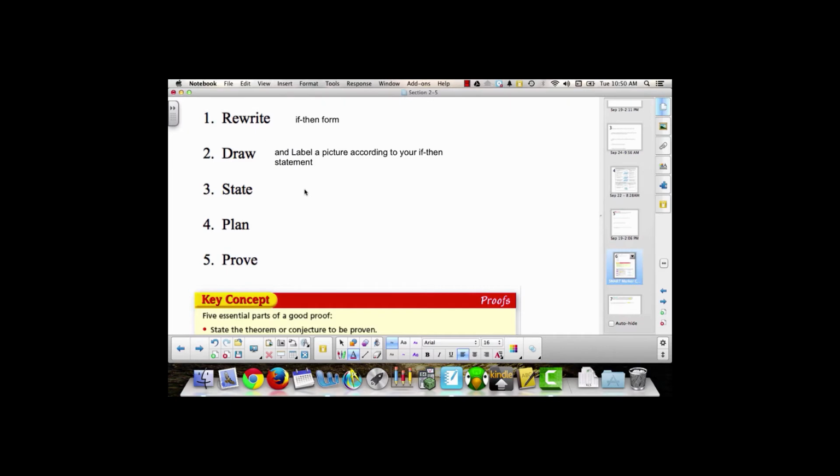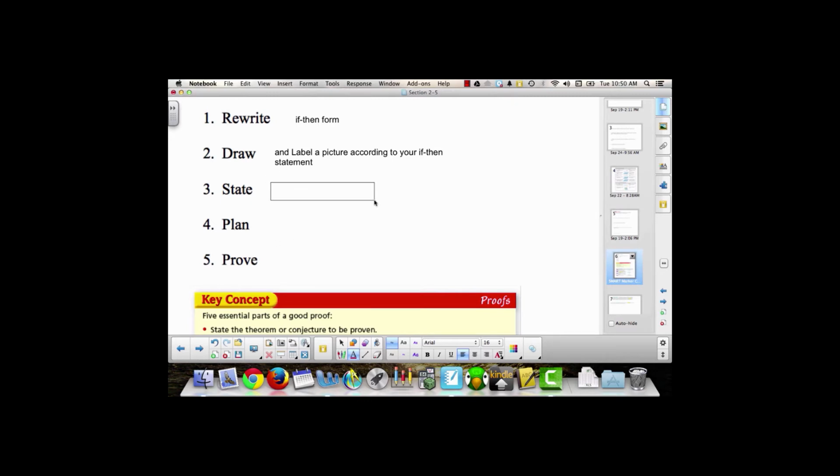We want to label the picture because we need to use specific names for our next step. For example, if your picture includes a line, you should give that line a name. And if there are points on your lines, you should give those points names, such as point A or point B.